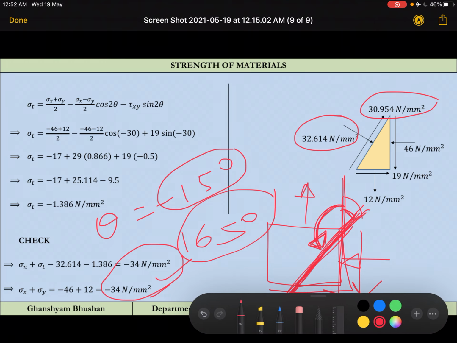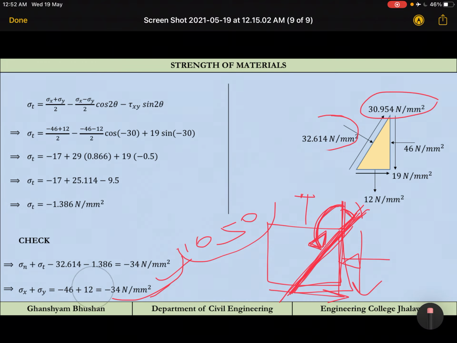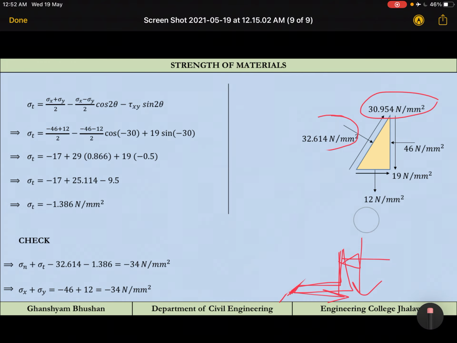So this is the problem we have tried to solve. You can solve any number of problems, only the combination is going to change. In some cases sigma x will be positive, maybe sigma x is 0, sigma y is 0, so no need to worry. Put the values as they are given in the question, and you have to be careful with the directions. The direction will be as per our reference diagram which we have taken for our derivation of the equations.